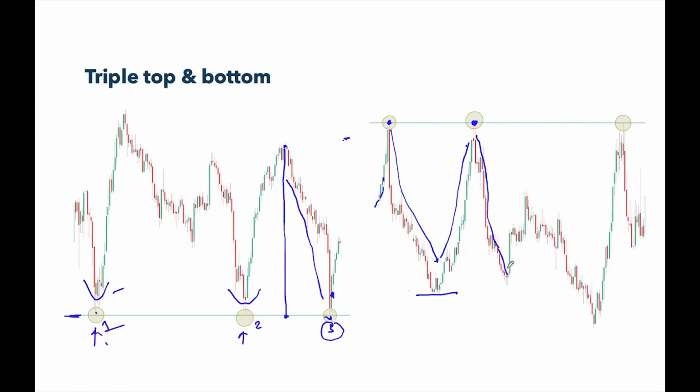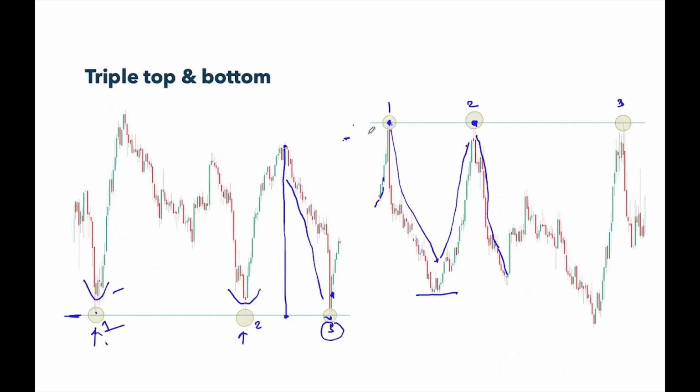Similarly, this was my first top, this is my second top, and this was my third top. From the history we know that every time the stock price reaches this particular level, the correction happens. So in the third top level there is again a selling pressure, and the stock corrects very rapidly.